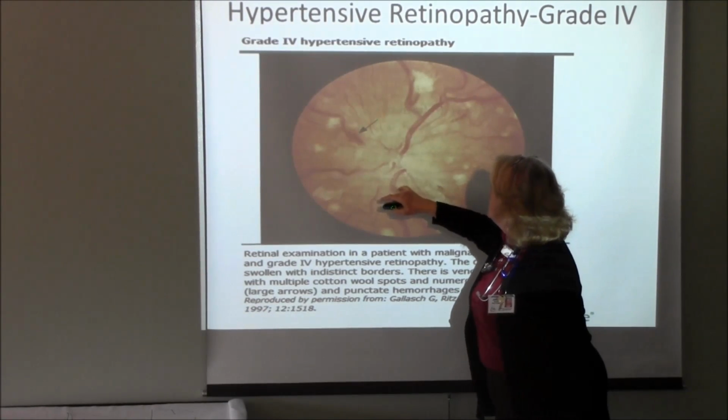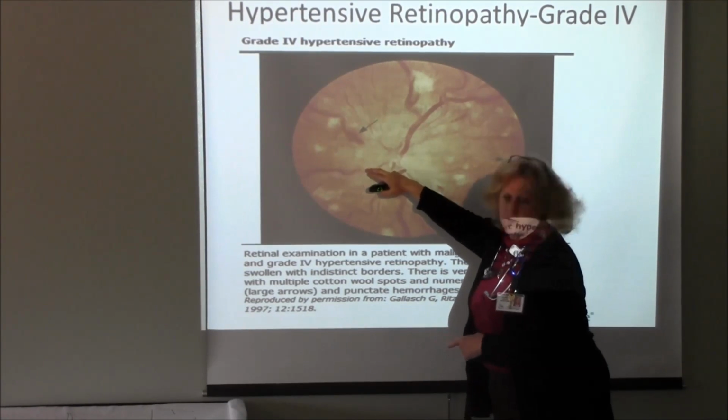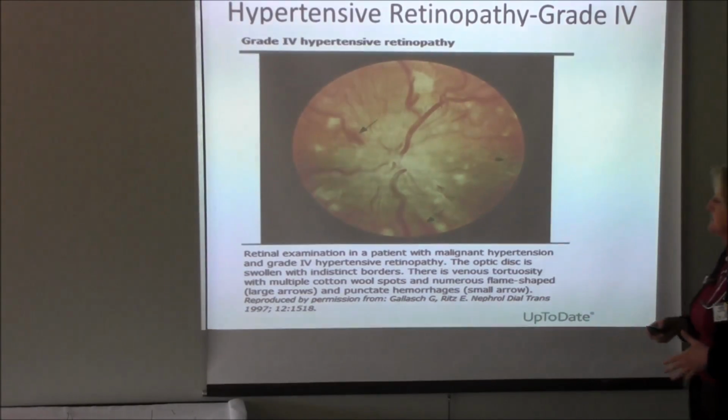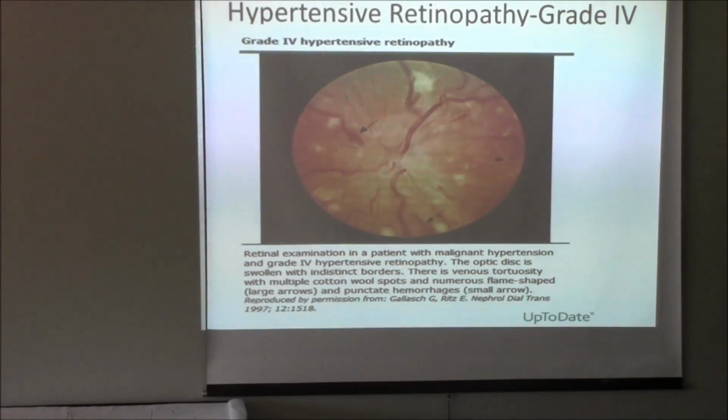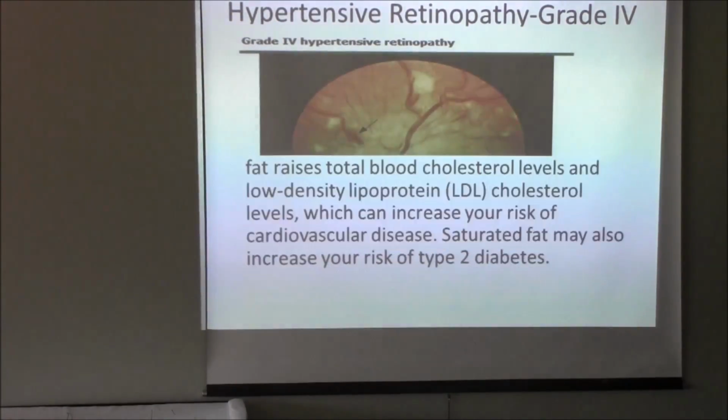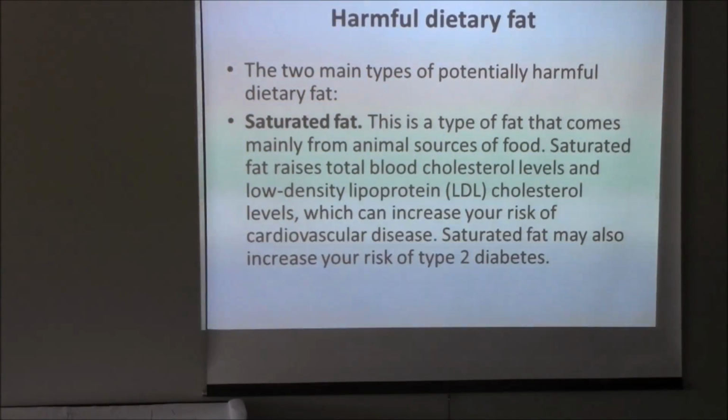Usually you'll see little narrow spots where the blood vessels are. Hypertensive retinopathy can occur too, which is where that arrow is. There's a little bit of optic disc blurring. You have indistinct borders, you can't really tell where the blood vessel is. It's blurred. So those are things that we look for when we do our annual exams.